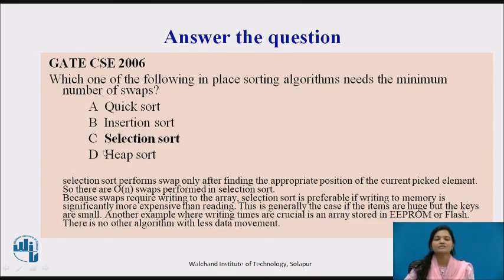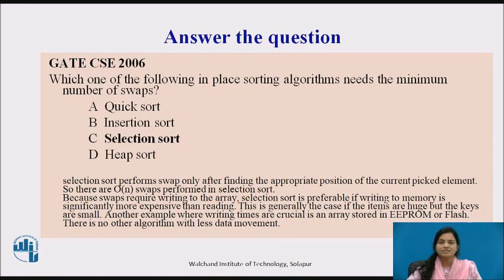So here is the answer: selection sort. Selection sort performs a swap only after finding the appropriate position of the current picked element. Meaning we are picking the element, it may be largest or smallest. So we are doing big O of n swaps in selection sort, meaning however many numbers there are, that many swaps only we are doing.